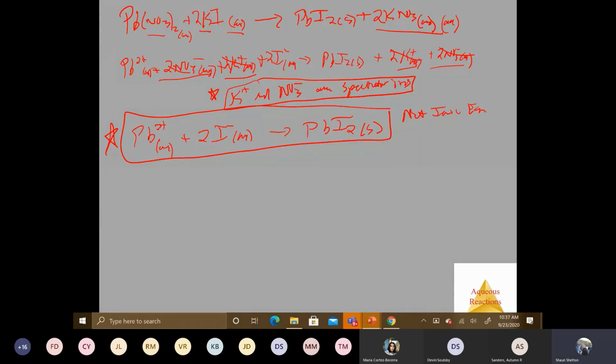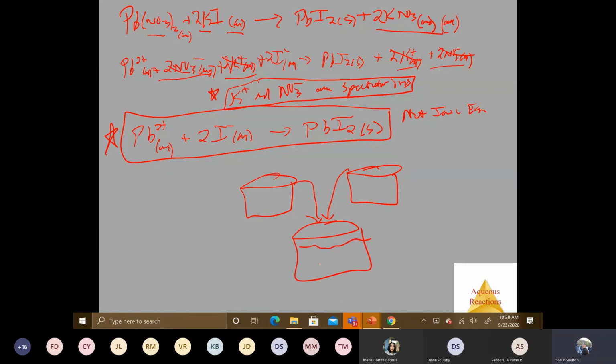The reason why we figure out the net ionic equation is so we can physically see what reaction's happening. So when we have two beakers being poured together into a main reaction vessel, what we're going to observe here is that you're going to have potassium ions, nitrate ions, and then on the very bottom, you're going to end up having your PbI2 solid.